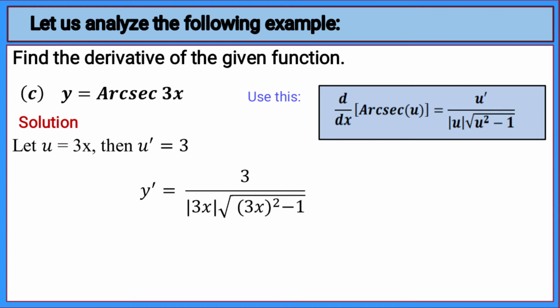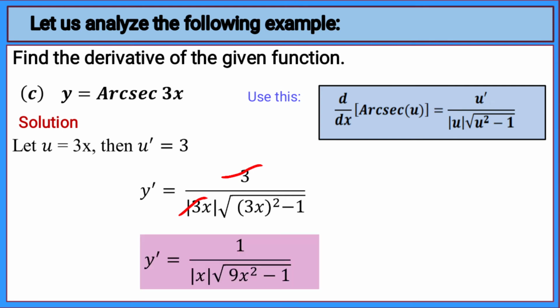As you can see, we have 3 on the numerator, so we can cancel these two and it becomes y prime is equal to 1 over the absolute value of x, and then solving for (3x) squared, we have the square root of 9x squared minus 1. So our final answer for the derivative of arc secant 3x is 1 over the absolute value of x times the square root of 9x squared minus 1.